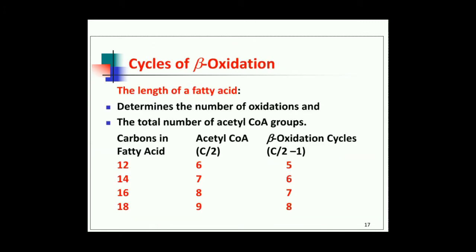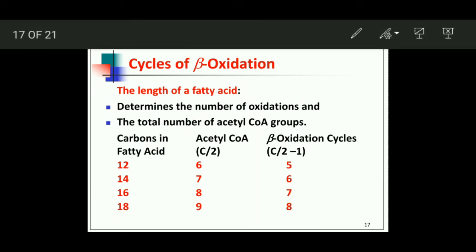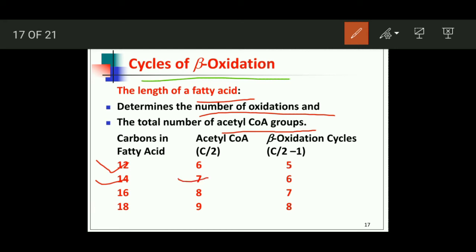Now let's talk in detail about some terms about the cycles of beta oxidation. The length of the fatty acid determines the number of oxidations and the total number of acetyl coenzyme A groups. Suppose we take myristic acid, which was C14. From C14 we obtain 7 acetyl coenzyme A, and the total number of cycles is 6.